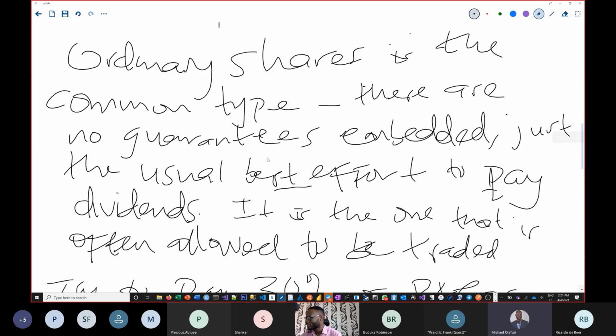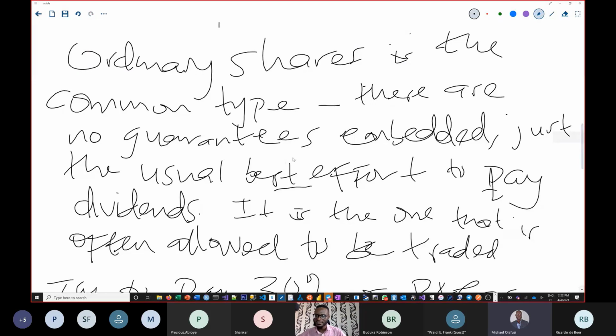So that's why I even said it is the one that is often allowed to be traded. It also comes with no guarantees embedded. There are usually no guarantees with ordinary shares; it's best effort. Whether you will get a dividend is predicated on the fact that maybe they made profit and the management thought it good to give you a dividend.